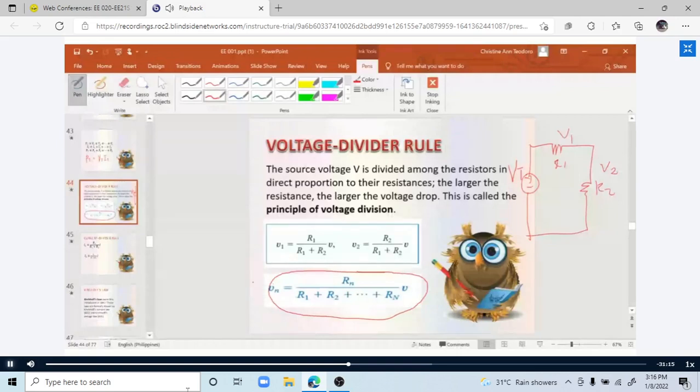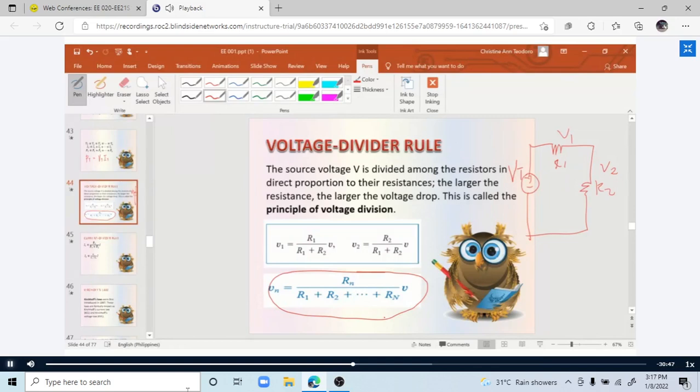So let's say you have five resistors in series and you are going to get the voltage across the fifth resistor, so that is V5. Definitely that is the resistance of your fifth resistor over the total resistance, or R1 plus R2 plus R3 plus R4 plus R5, multiplied by the voltage being divided.